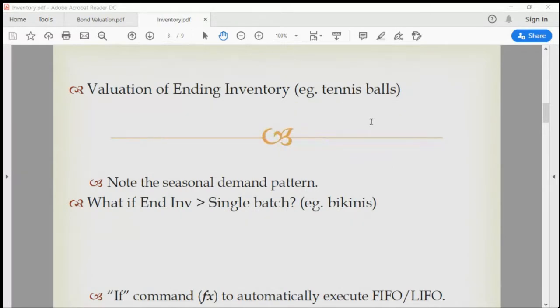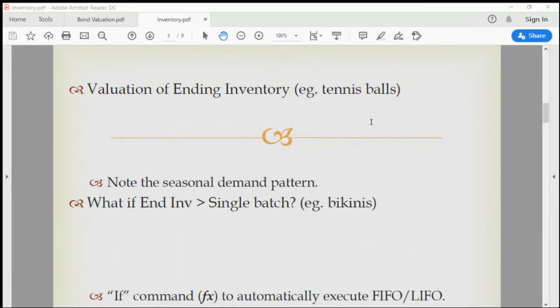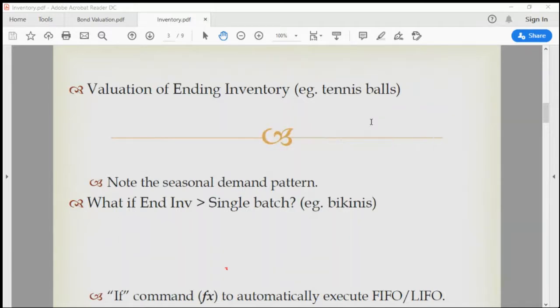You really have to go to the storage room and count all the merchandise in the inventory.